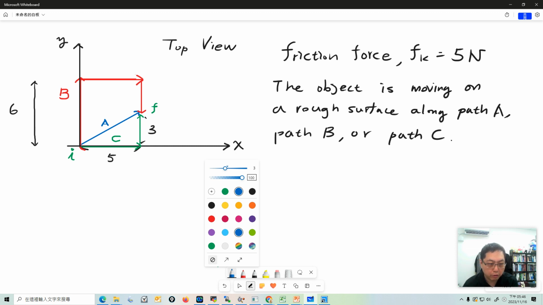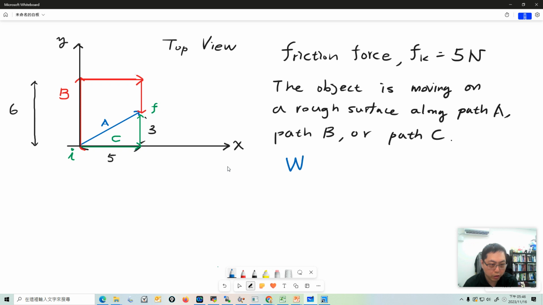The work done by a friction force is always negative, so I like to put a negative in front of the friction force times the distance.